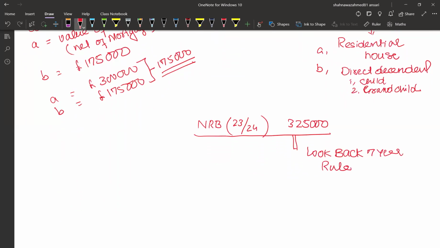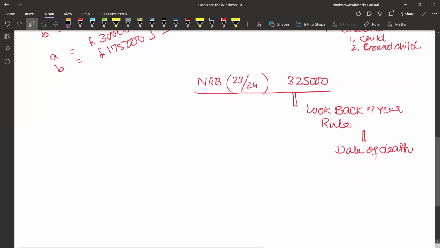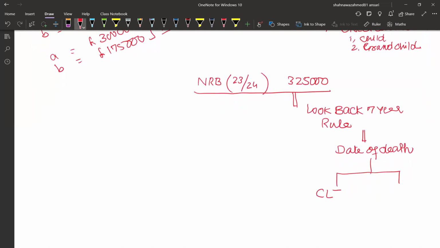We have to look back from the date of death. What we have to look for, in the previous 7 years, is the gross chargeable amount related to any CLT, chargeable lifetime transfer, or any potentially exempt transfer within the last 7 years.